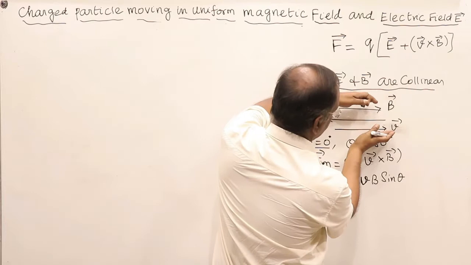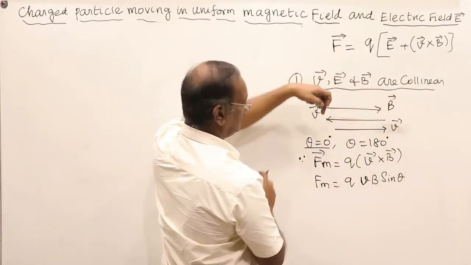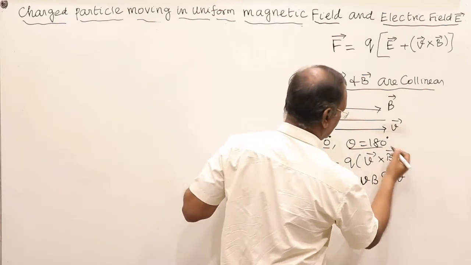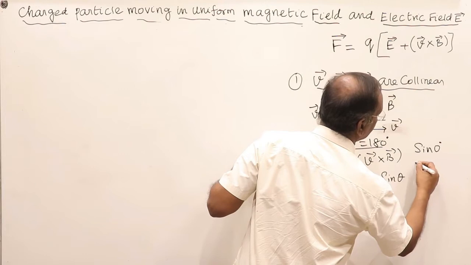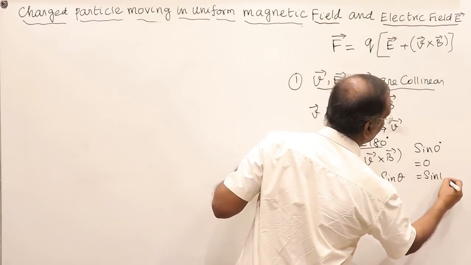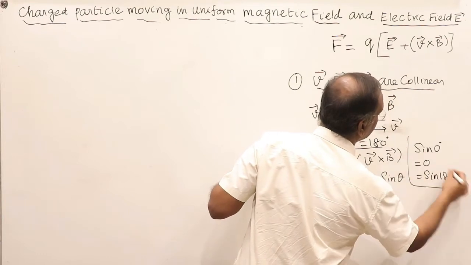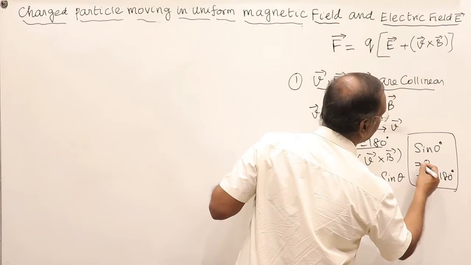In this condition both are parallel, here both are anti-parallel. Either theta is equal to 0 and sine of 0 degrees is equal to 0, also equal to sine of 180 degrees. Whether theta is 0 degrees or 180 degrees, the value is equal to 0.